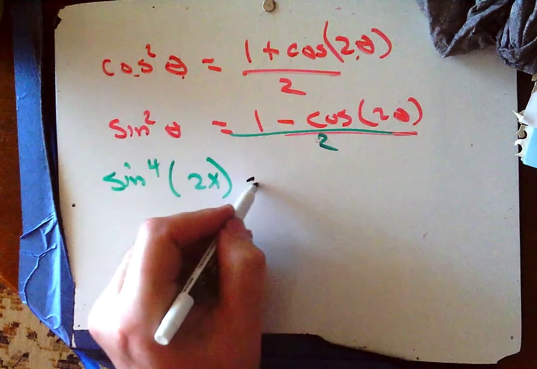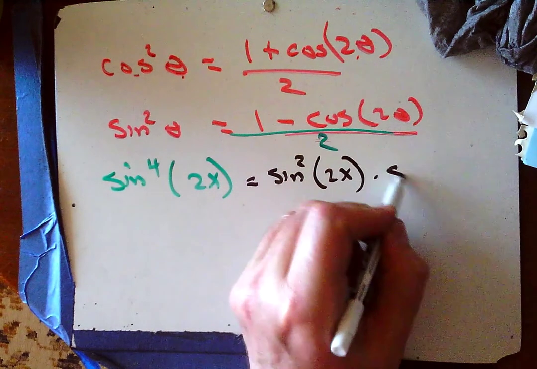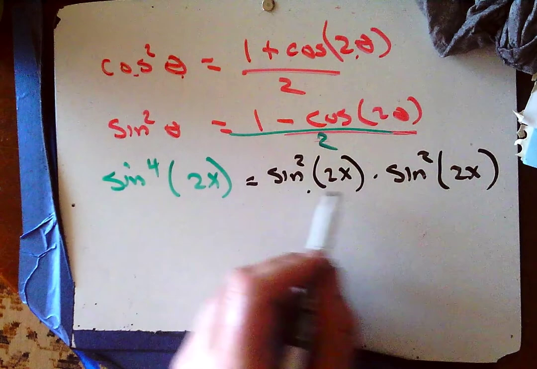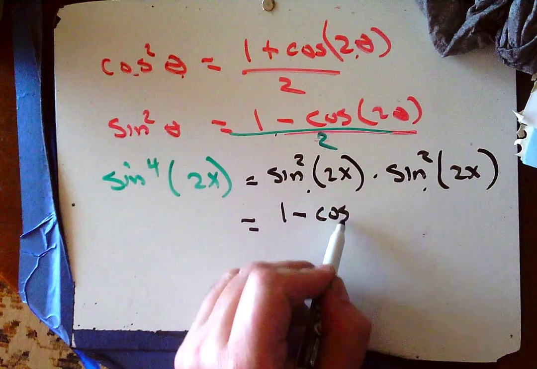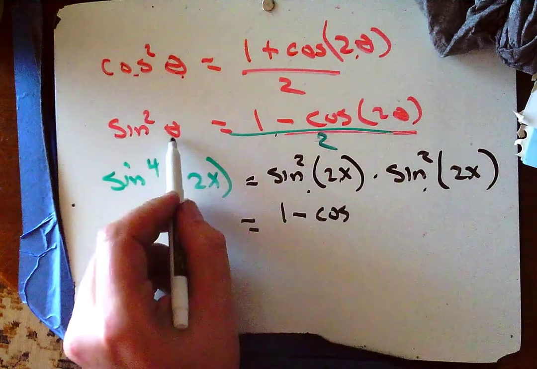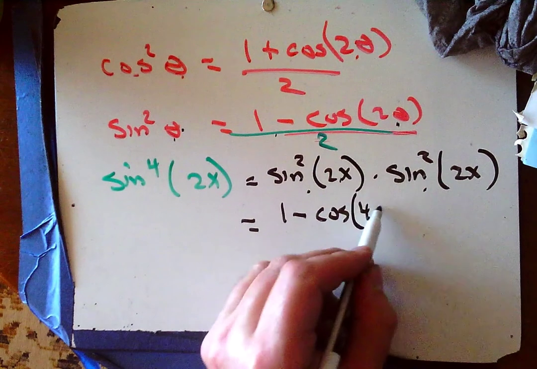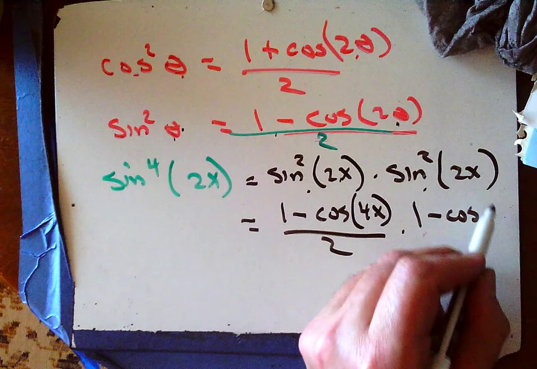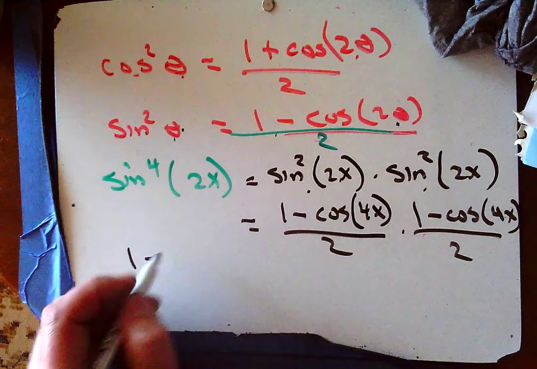Okay, so remember that this is sine squared 2x times sine squared 2x. And with each of these, I'm going to use this power reducing identity. 1 minus cosine, what happens to the angle? When I use the power reducing identity, the angle doubles. So this is 1 minus cosine 4x over 2 times 1 minus cosine 4x over 2. I FOIL on top.